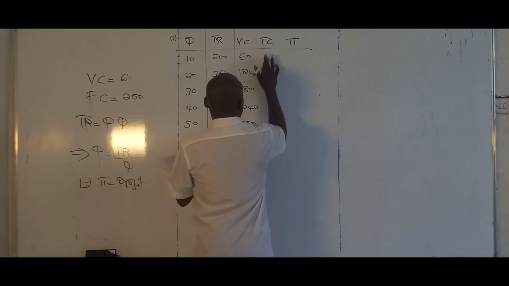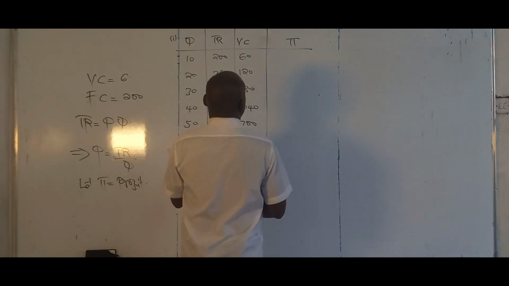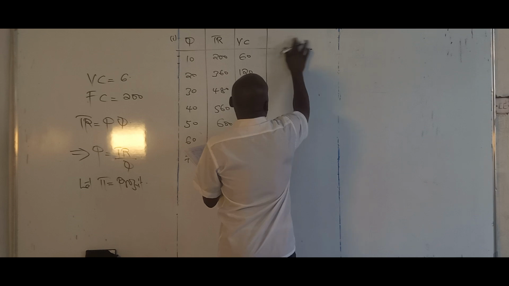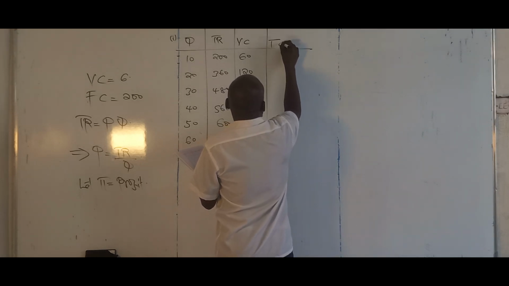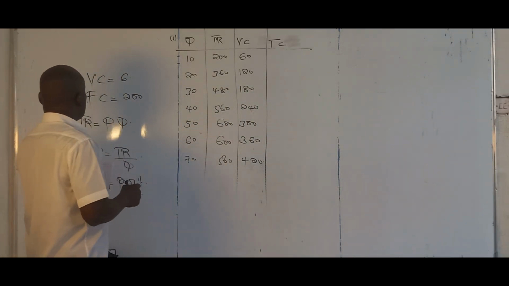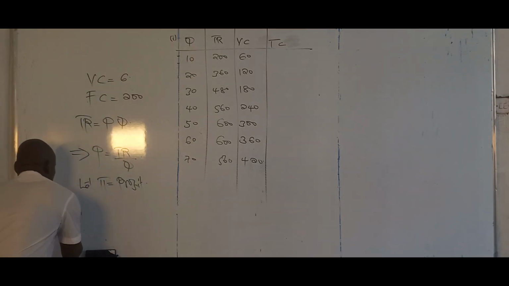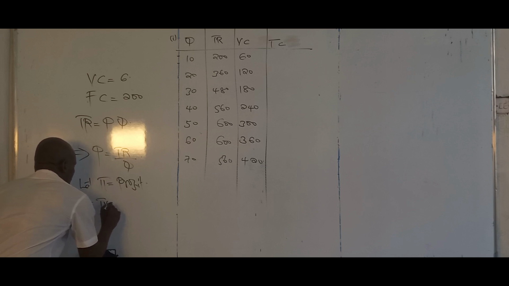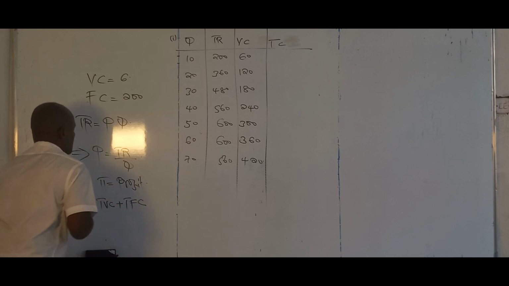So I need entries for the total cost column. We should remember that total cost is given by total variable cost plus total fixed cost.